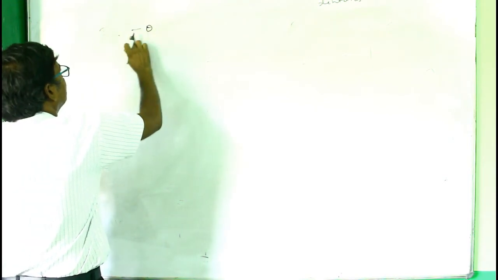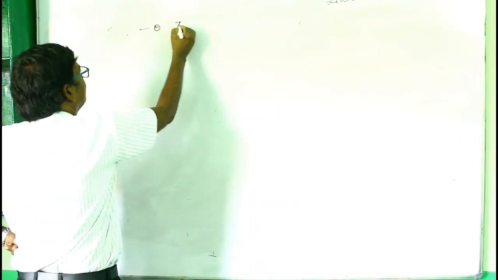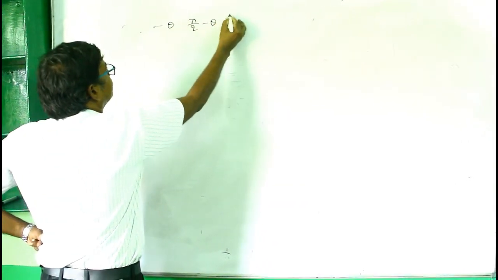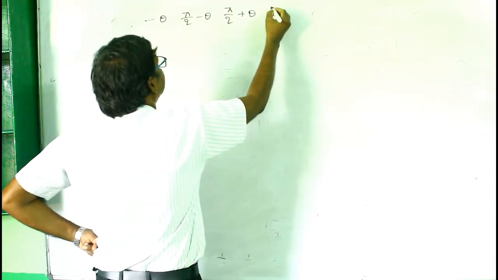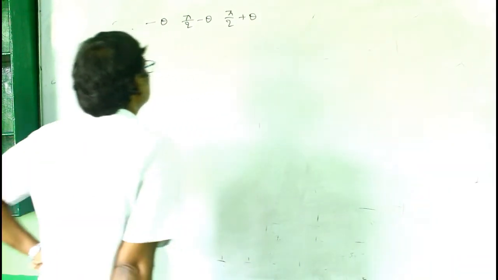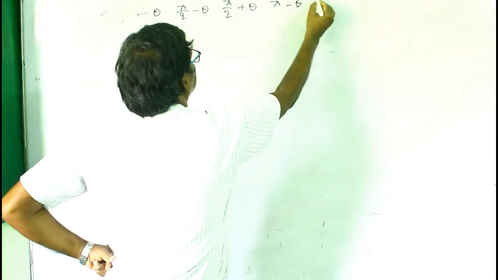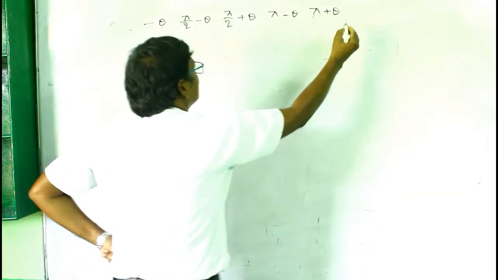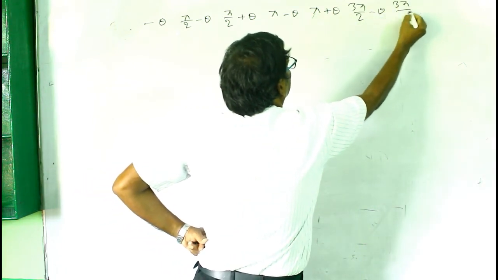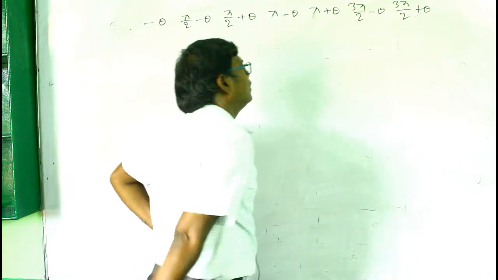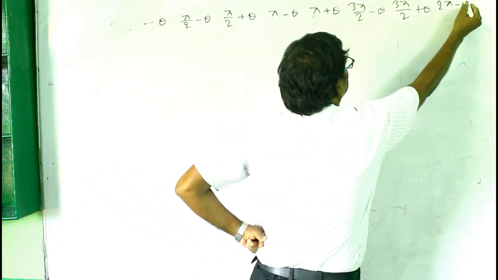Okay, then minus theta is there. Then you have pi by 2 minus theta, pi by 2 plus theta. Then you have here pi minus theta, then pi plus theta. Then you have 3 pi by 2 minus theta, 3 pi by 2 plus theta, and then you have here 2 pi minus theta.